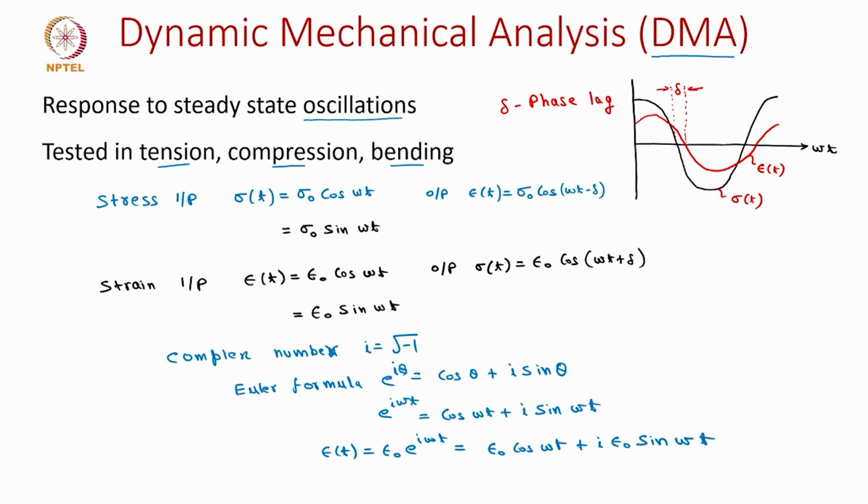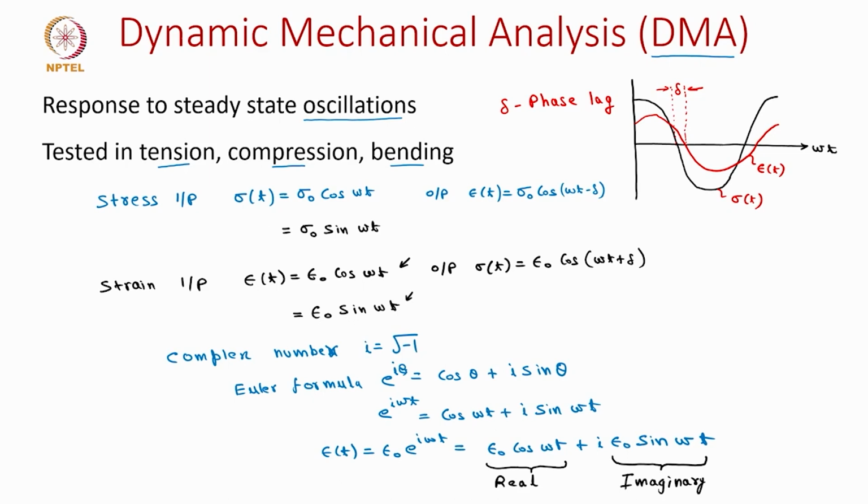So, now this final expression has a real term and an imaginary term. The first one is the real part, and the second one is the imaginary part. The reason why we are emphasizing this is that the real part becomes the input shown here, and the imaginary part is the second input shown here as epsilon naught sin omega t.